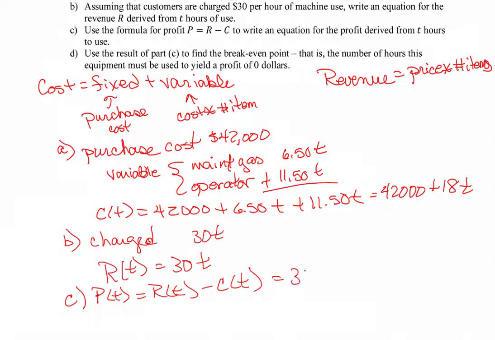So that is 30T minus the quantity 42,000 plus 18T.